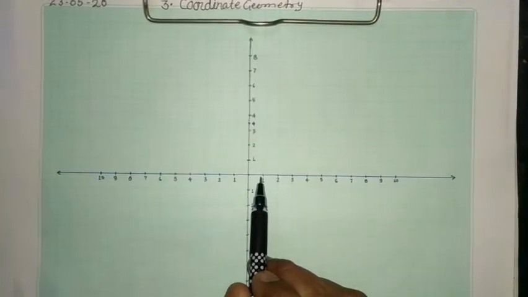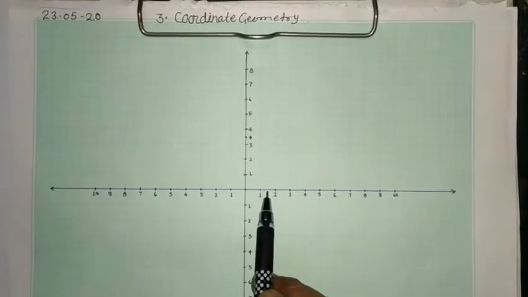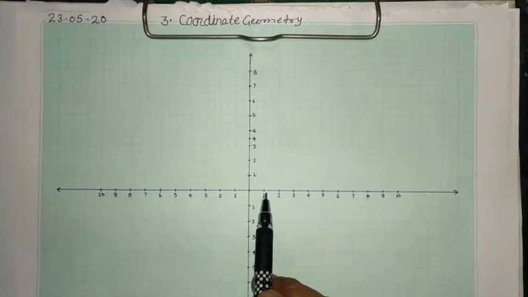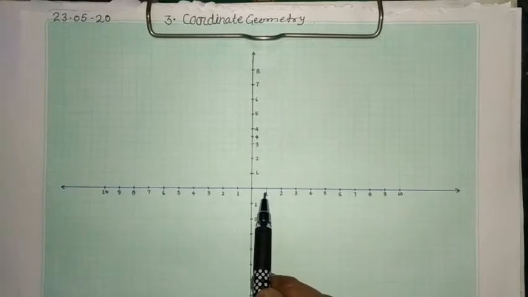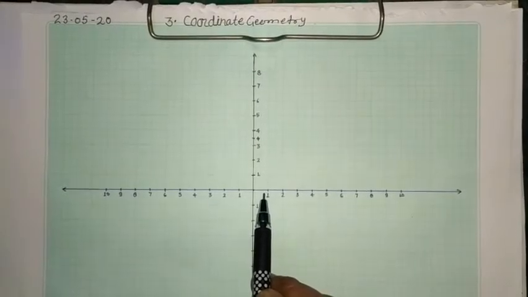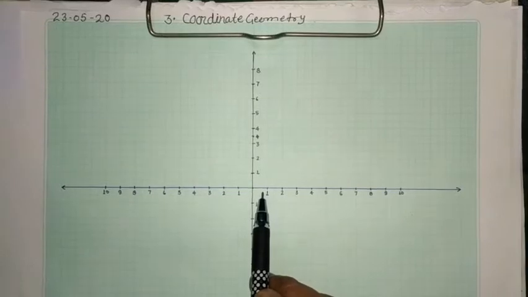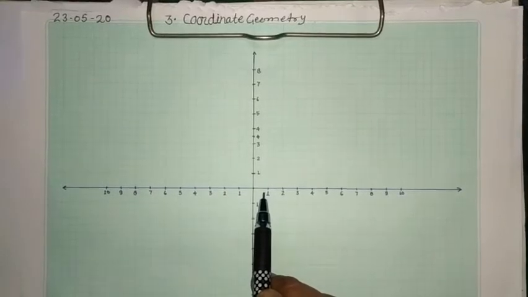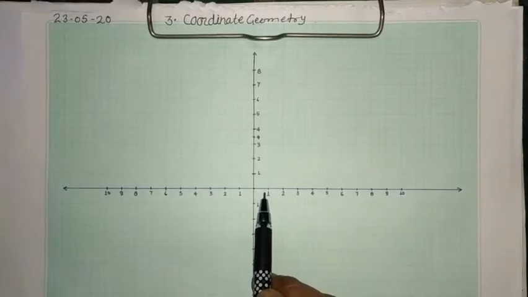First, what is the Cartesian system? The system used for describing the position of a point in a plane is known as the Cartesian plane.